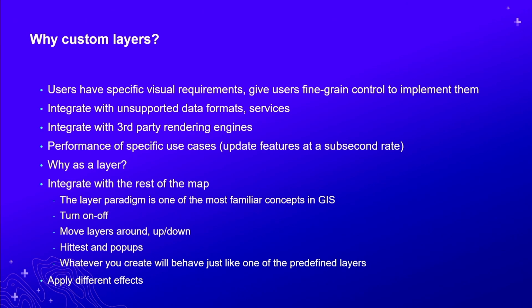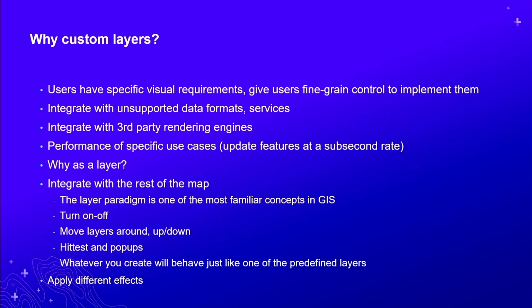And then there's a third question, which is why a layer and not something else, not just a custom renderer or something like that. And the reason for that, from our perspective, is rather simple. A layer is a well-known paradigm in the world of GIS and visualization in general.